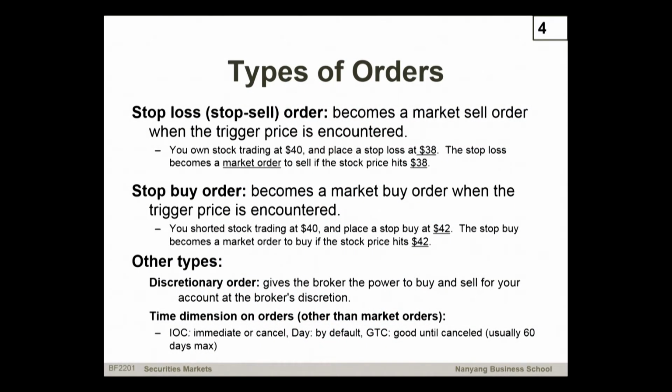Now the second type of order is a stop buy order. A stop buy order becomes an order to buy when the stock price moves up to a particular level. Now, this is often used in conjunction with a short sell, and we'll be talking about a short sell later on in this lecture. So for now, I just want to explain the mechanics of a stop buy order.